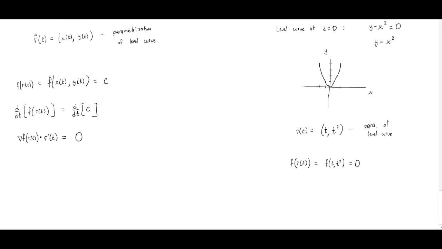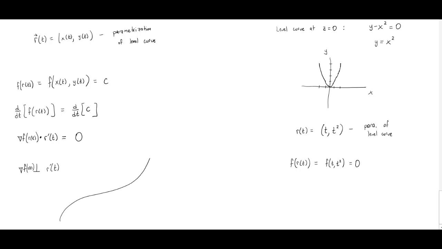And what did it mean when the dot product of two vectors was equal to 0? What did that say about those two vectors? Yes, they are orthogonal to each other. So you can roughly say the gradient should be perpendicular to r prime. Let me draw a picture of this.